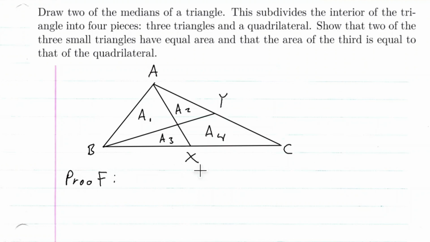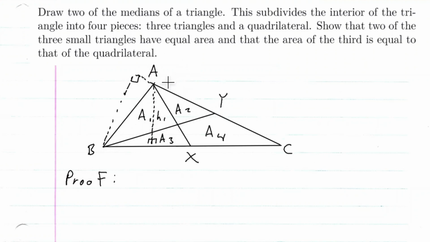So the first thing I'm going to do is draw the height of the triangles respectively. I'm looking at triangle ABX, and I'm going to draw a height where BX is my base. I'll call that H1. And then I'm going to draw a height here for triangle ABY.